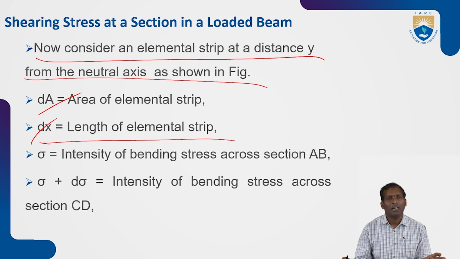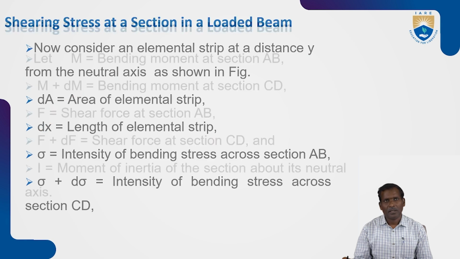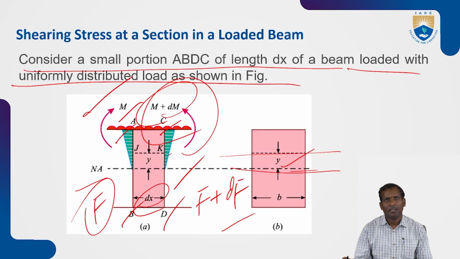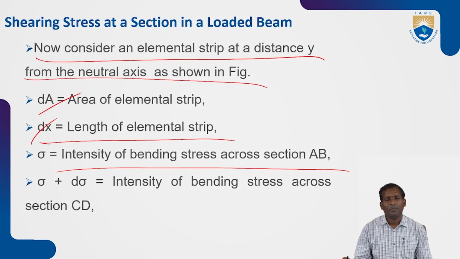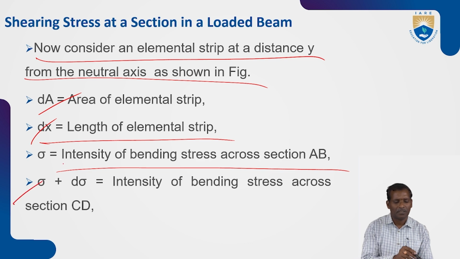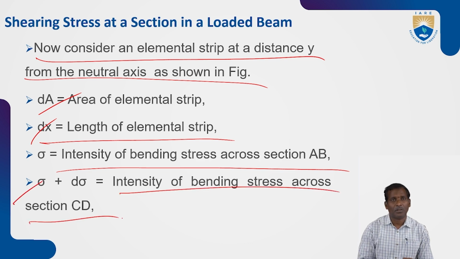Sigma is the intensity of bending stress across section AB, and sigma plus d sigma is the intensity of bending stress across section CD.